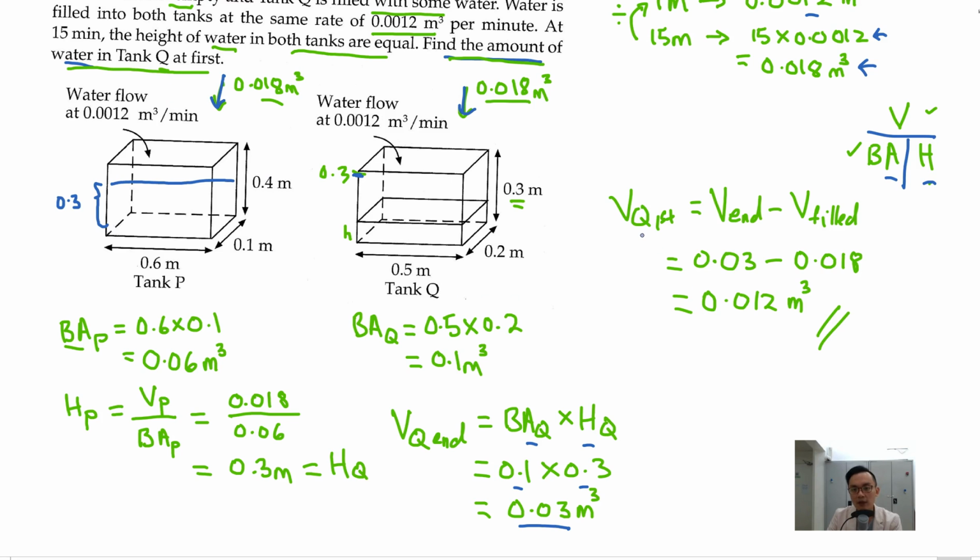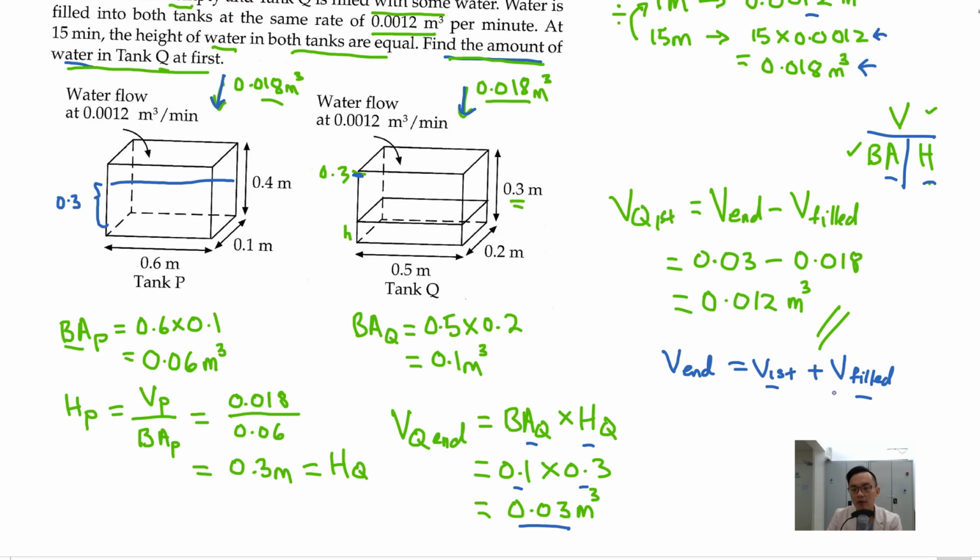So to find the amount of water in tank Q at first, the other way of looking at this is that at the end, it's actually the amount of water in tank Q at first plus the amount of water that was added.